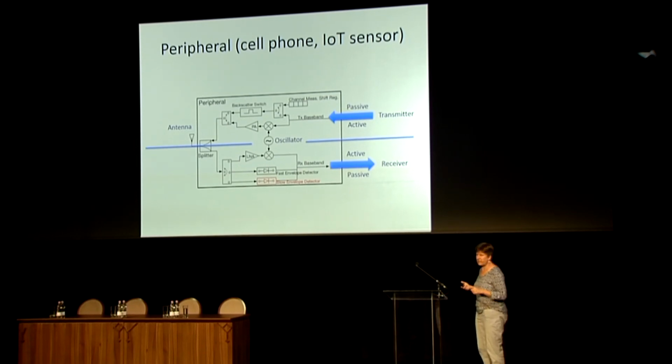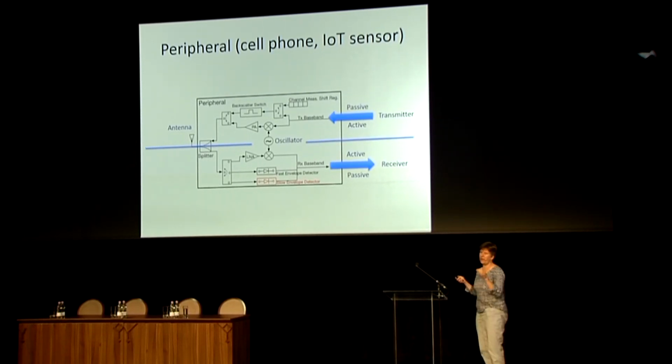And this is a picture from the figure. This is the end device, the cell device or IoT sensor that's using this polymorphic radio. I just want to point out that there are two halves to this picture. The top half is the transmitter circuitry. The bottom half is the receiver circuitry.